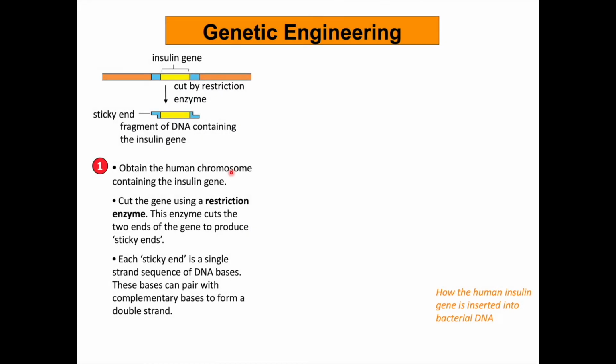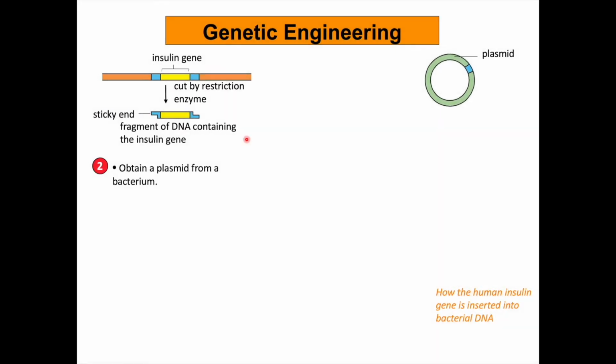After cutting and making the sticky ends of this insulin gene coming from the human pancreas, there will be bases that can be paired with complementary bases to form a double strand. You will see in here, it has been cut, and it forms this fragment of DNA containing the insulin gene. This process is what we call isolation.